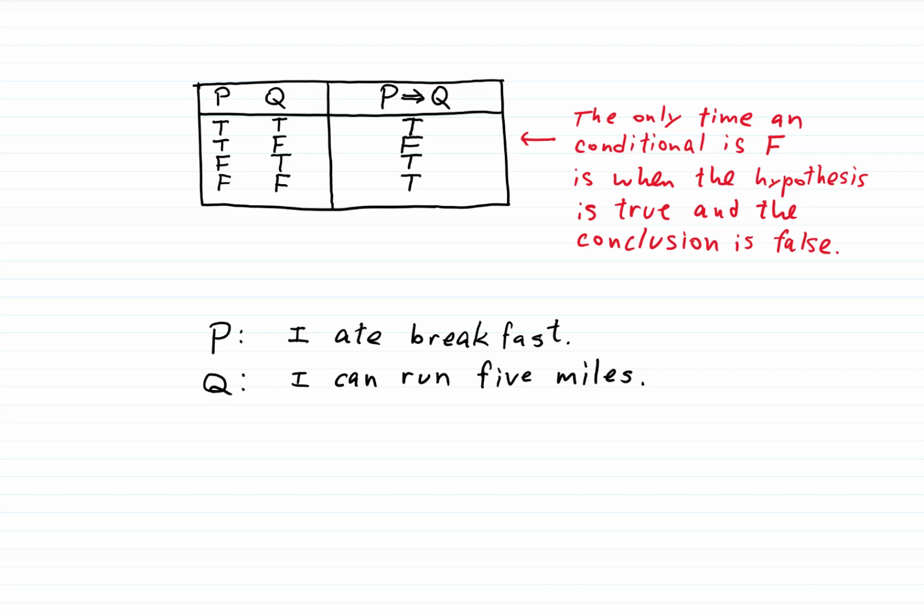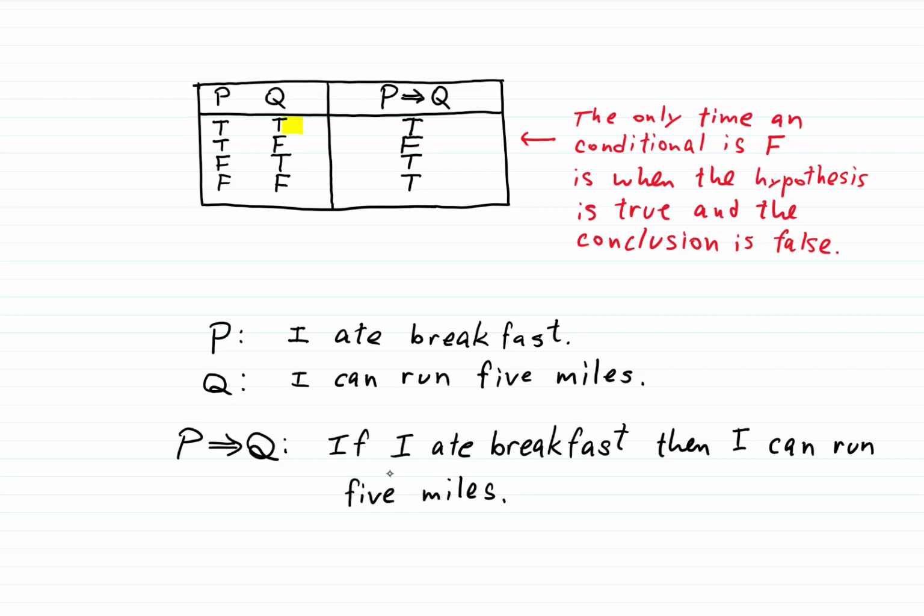Okay, now let's look at this possibility. P and Q are both true. So what would that mean? That would mean I did eat breakfast, and it also means I can run 5 miles.